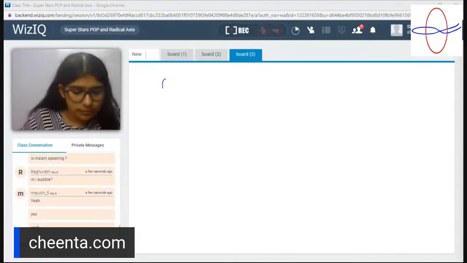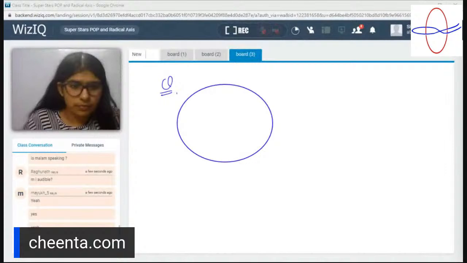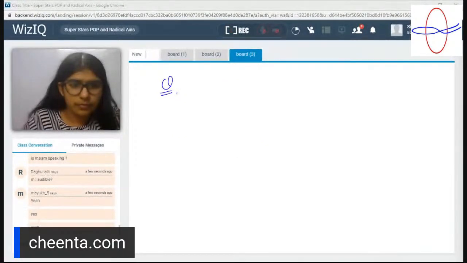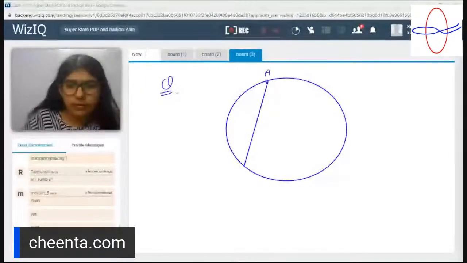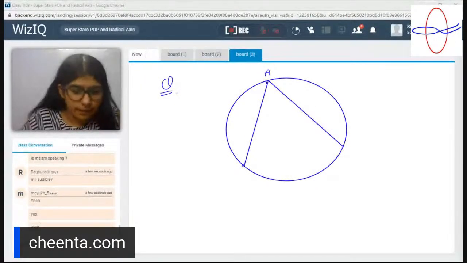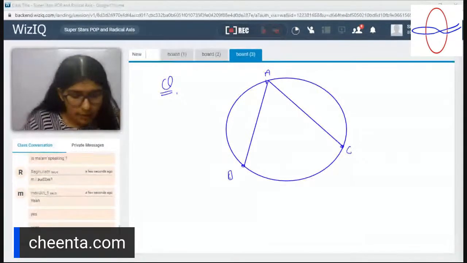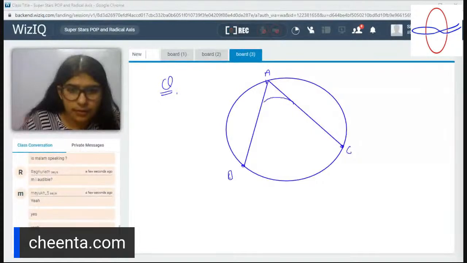You have a circle, and a point A, and you have two lines, two chords. Take this as B, take this as C. And you have a circle inside over here, tangent to AB and AC.